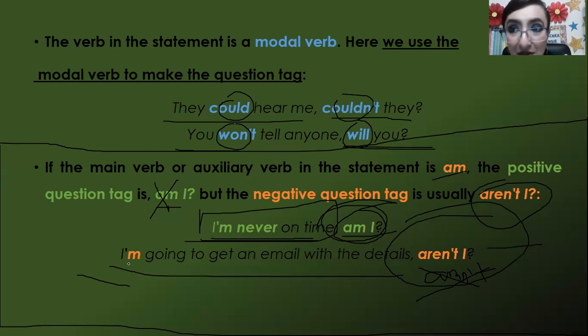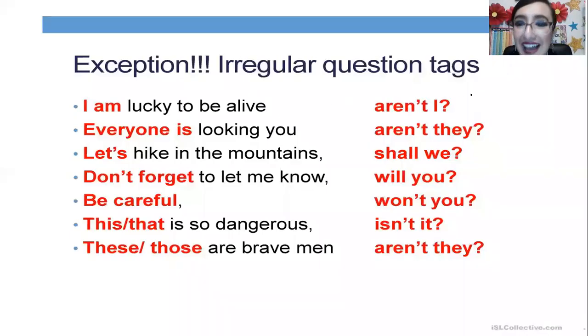Exactly. What do you think? Told you that we were going to be learning different things. And in this case, we have this. Let's talk about exceptions. As this, for example, I am lucky to be alive. Aren't I? Everyone is looking at you. Aren't they? Let's hike in the mountains. Shall we?